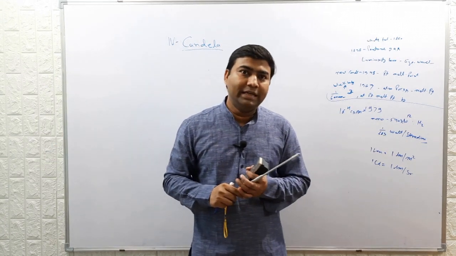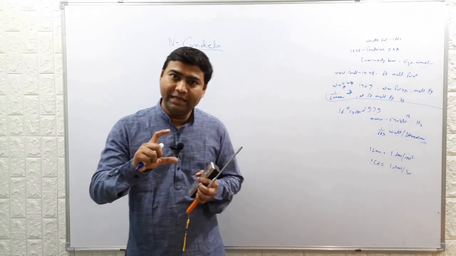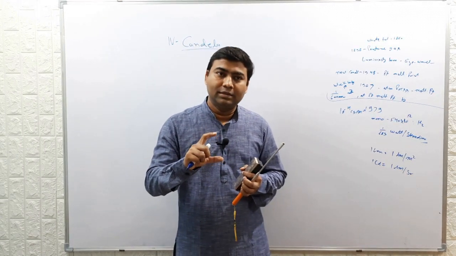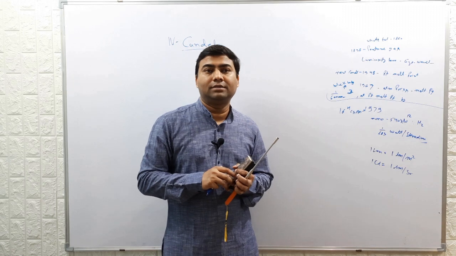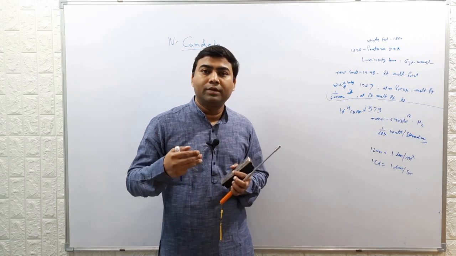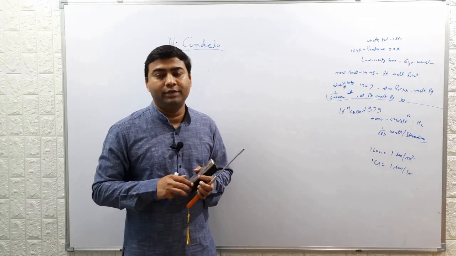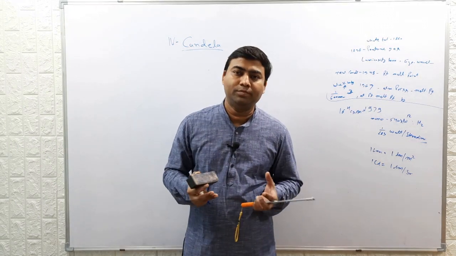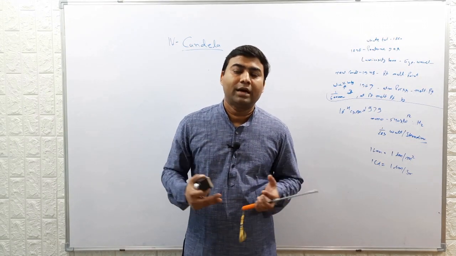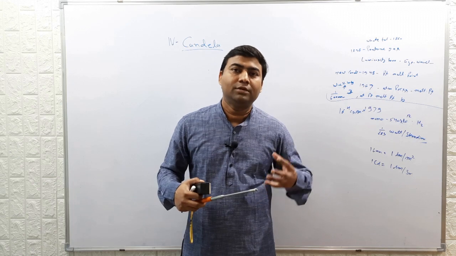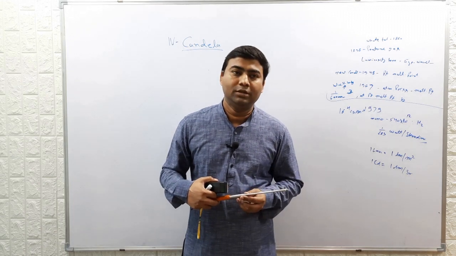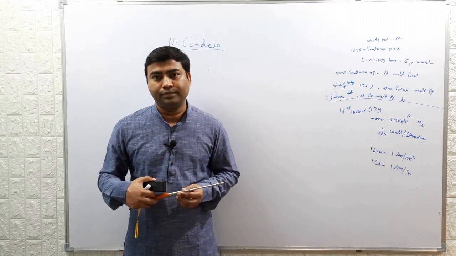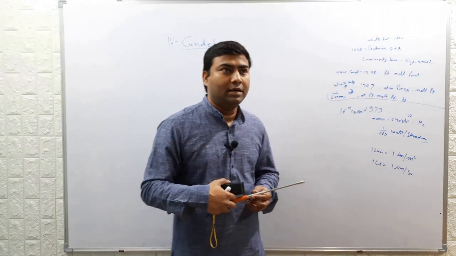After that in 1860 this candle was also fixed, and this candle was made from the fat of whale fish. Burning of that candle was assumed to be producing one candela luminous intensity in 1860.